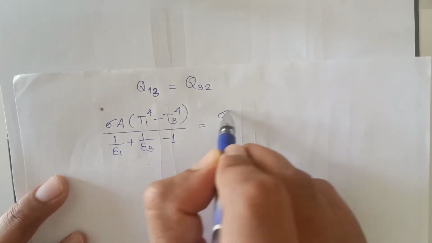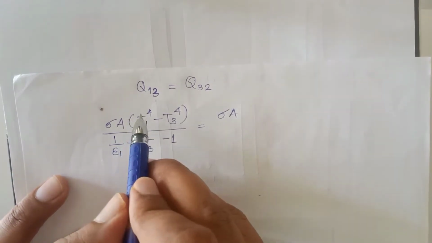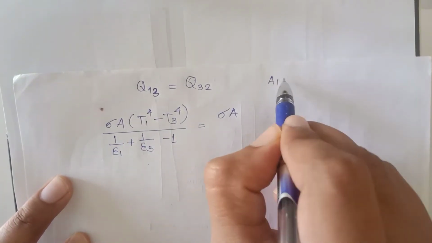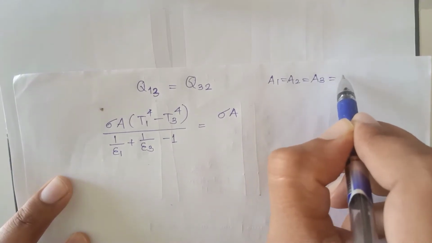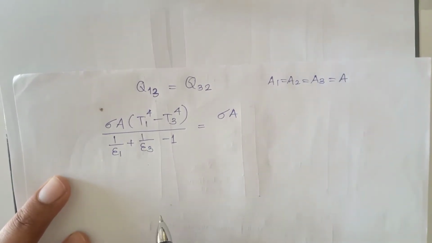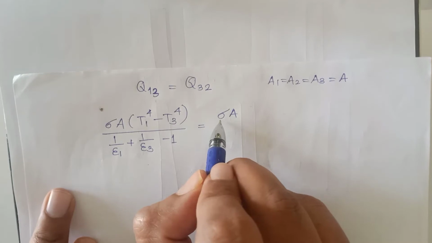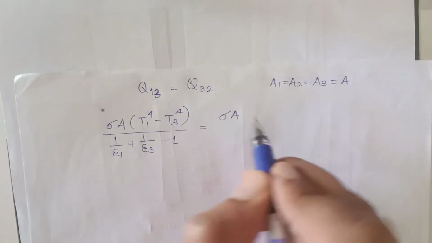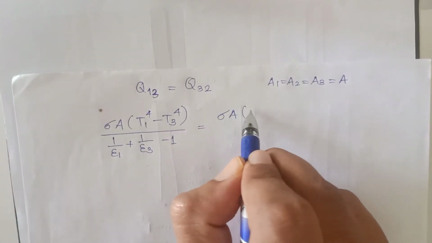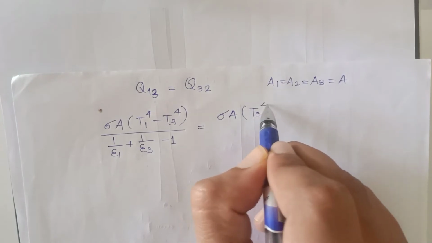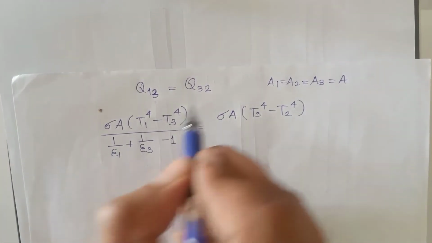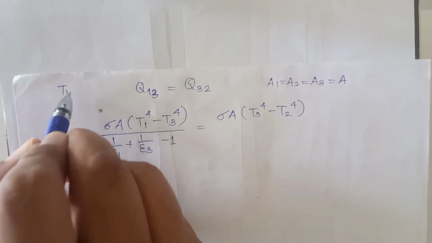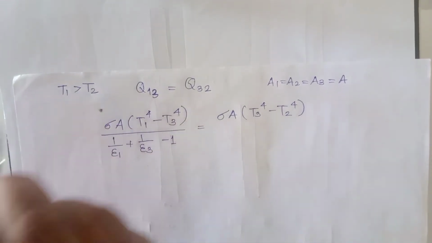It will be equal to sigma A. Remember, we have considered area of the first surface, area of the second surface, and area of the shield itself, equal to capital A, because they are large enough. So for the heat transfer between 3 and 2, sigma A and in the bracket T3 raised to 4 minus T2 raised to 4, because we have considered that here the temperature T1 is greater than T2.